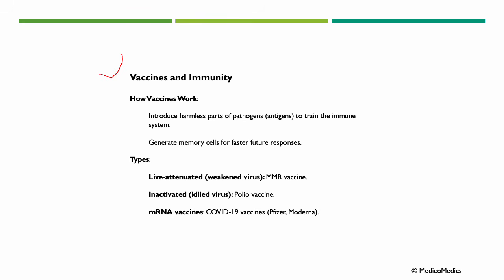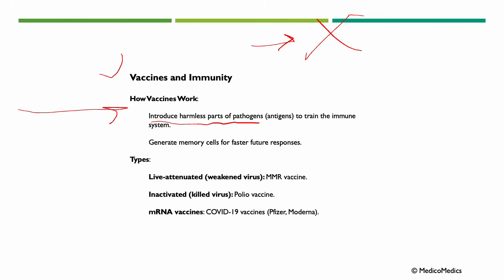What about vaccines then? How do vaccines work? Well, we introduce harmless parts of pathogens. Now that we just mentioned how the immune system works on a very fundamental level, we have memory cells where we produce antibodies. These then recognize future threats when the same thing is presenting to attack it.